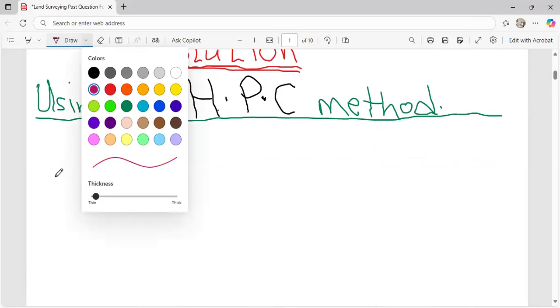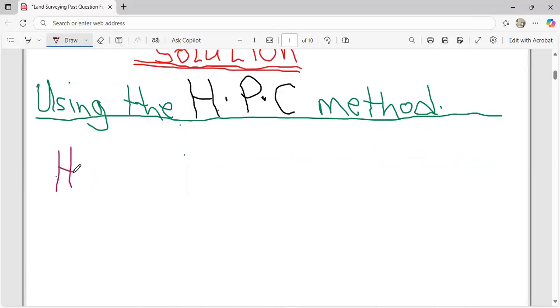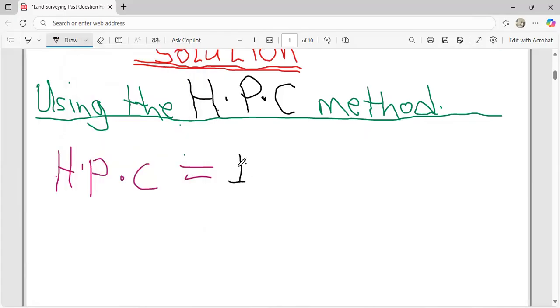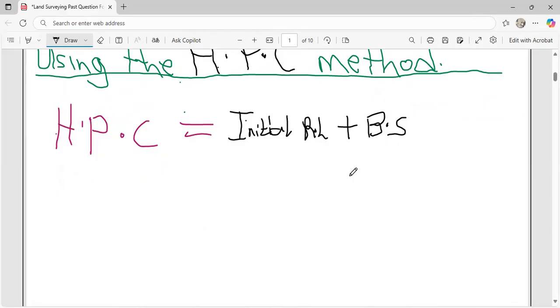Before then, the formula for the HPC is equal to the initial reduced level plus the backsight. Quickly write this down.